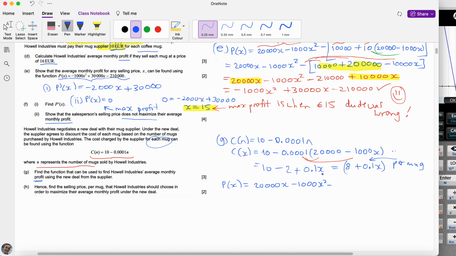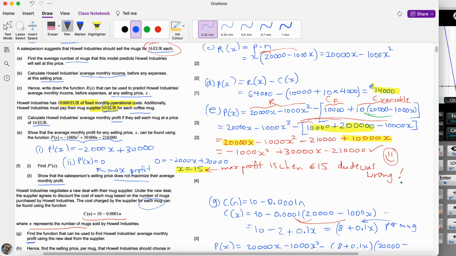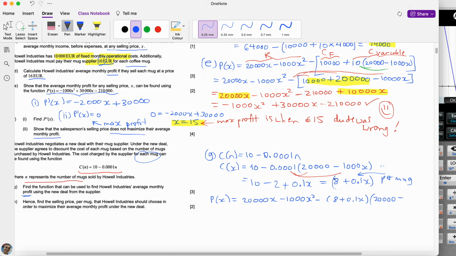And then minus, you're now going to have your individual cost times however many you sell. This was 1000x, and then this is going to be our x. Right, that's it. You don't have to simplify this, okay? Yeah, that's your new function.